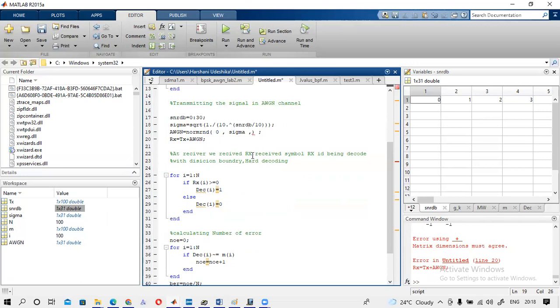If I put, I think we have done this, that is one row to n, which is my number of bits, 1 to n. I think it will be okay. Let's see. No, 0 sigma, 1 to n.